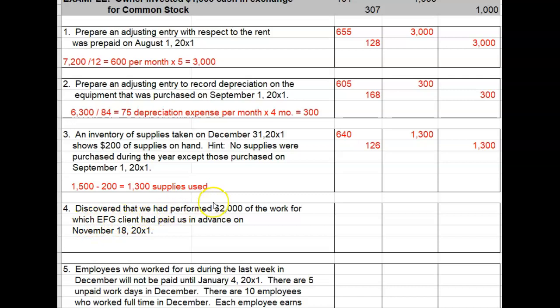We discovered that we had performed $2,000 worth of the work for which the EFG client had paid us in advance on November 18th. Let's go take a look at that original transaction.